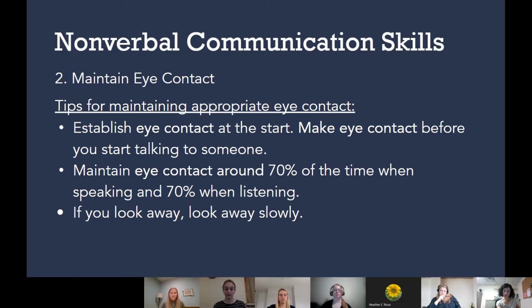It's okay to perhaps look away, to write some notes down, but if you look away, do so slowly so it's not abrupt or somewhat of an awkward transition. In general, maintaining eye contact supports the social aspects of a communication exchange. This is an example of social communication or pragmatic language that Bridget discussed earlier.